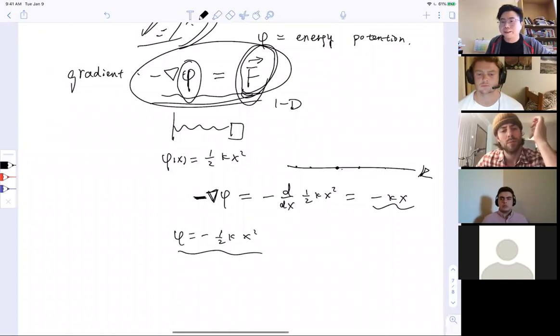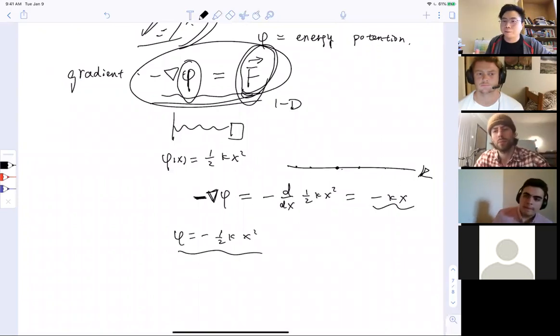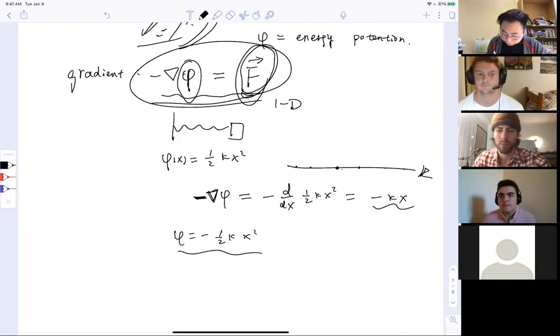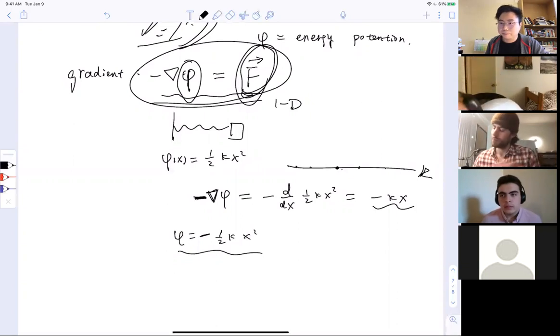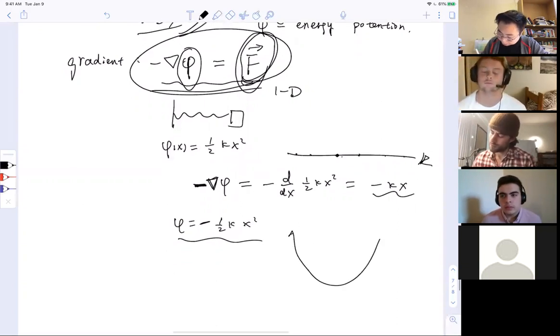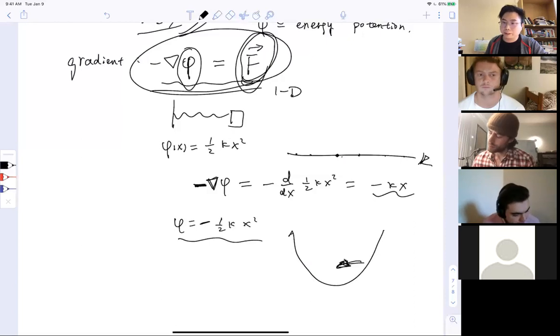But I think maybe we want the energy to be positive, so we just put this negative sign in front. Okay, I see. So because the force is going in the opposite direction? Yeah, it's going inward. Exactly. If you have a potential, then the force should point to the place where there is lower potential, right? Yeah. So there's a negative sign.